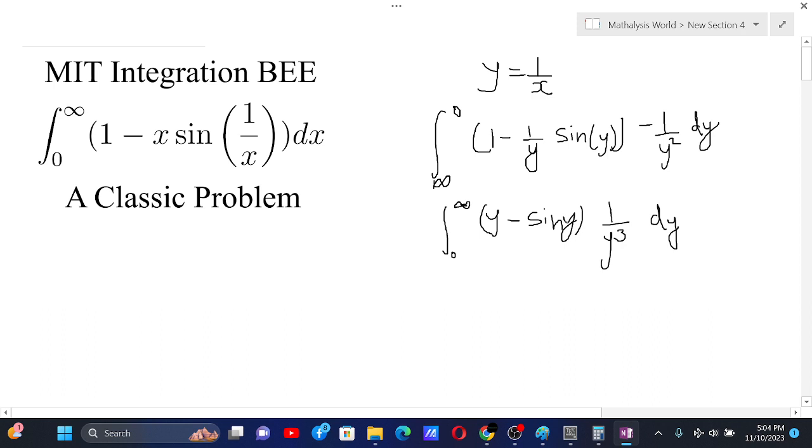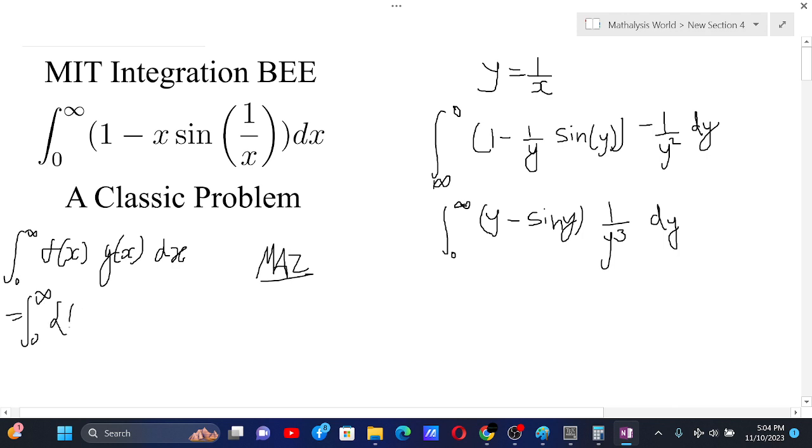It feels like we can simplify this sine expression if we use the Maths identity. So what's the Maths identity? If you have the integral from 0 to infinity of f of x, g of x dx, then the Maths identity tells us that this also equals the integral from 0 to infinity of Laplace of f, Laplace inverse of g, and then the new world dy.